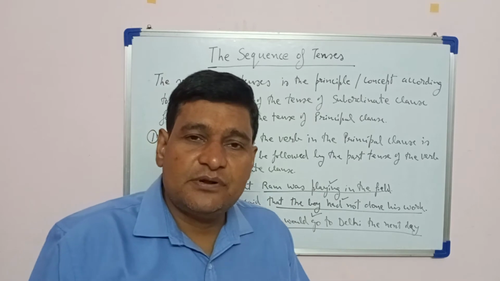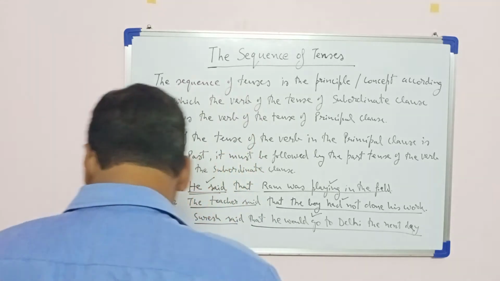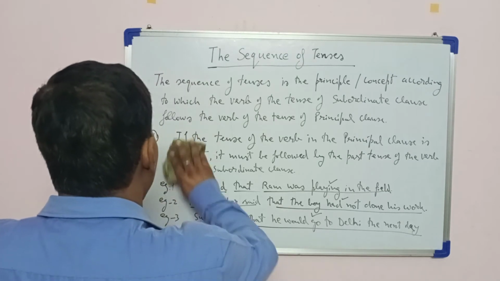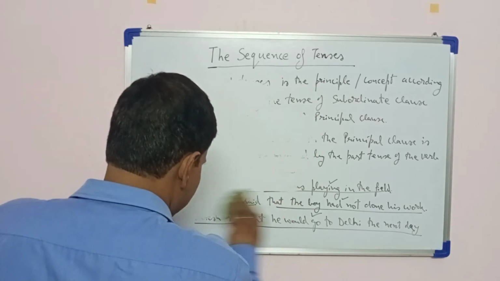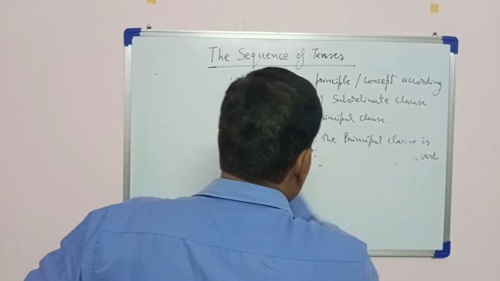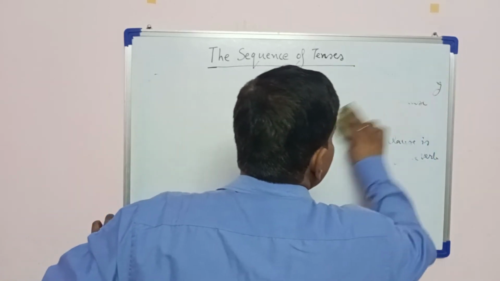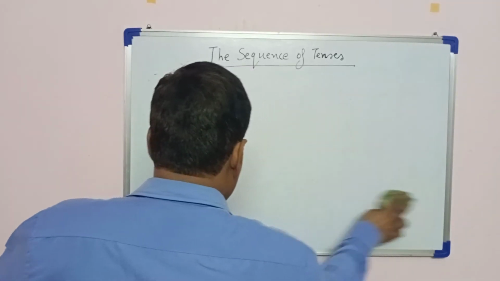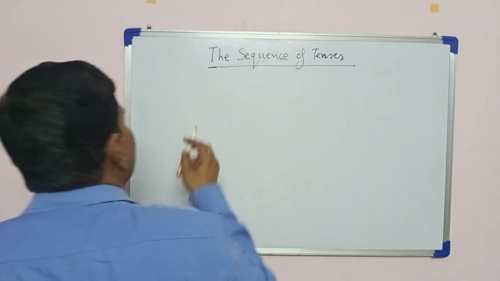Now there are certain exceptions to the first rule also. So what are these exceptions? Let us understand. Exceptions.